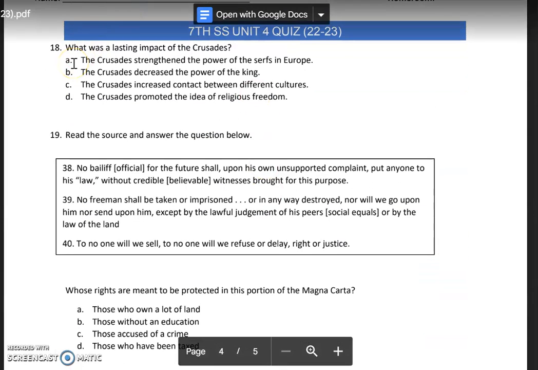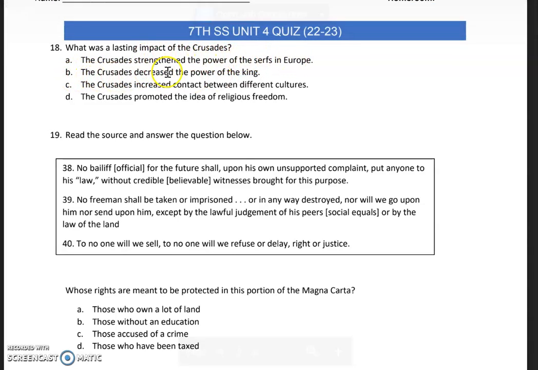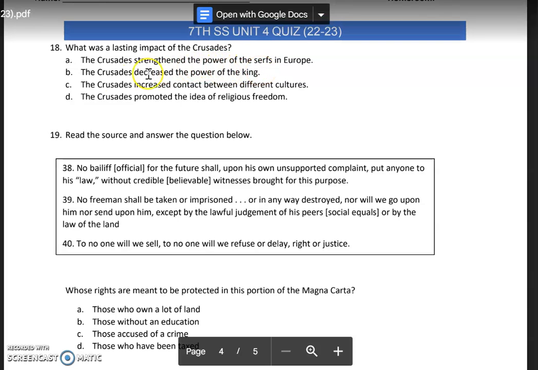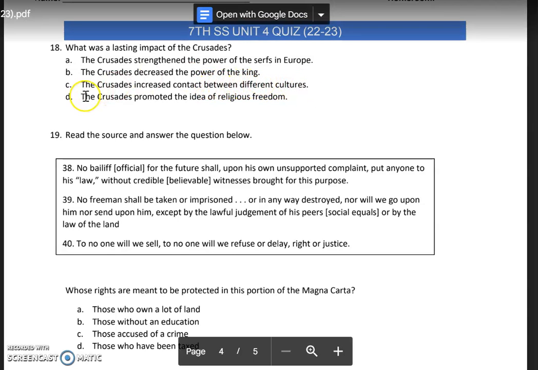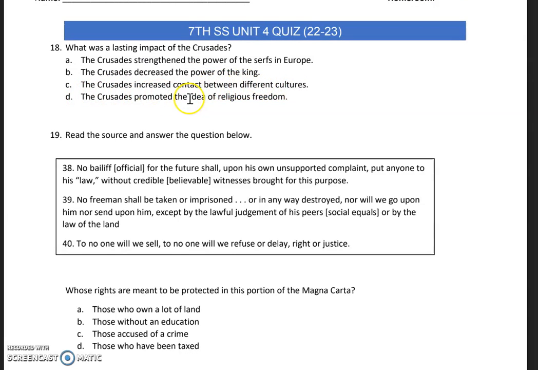Number 18. What was the lasting impact of the Crusades? A. The Crusades strengthened the power of the serfs in Europe. B. The Crusades decreased the power of the king. C. The Crusades increased contact between different cultures. D. The Crusades promoted the idea of religious freedom.